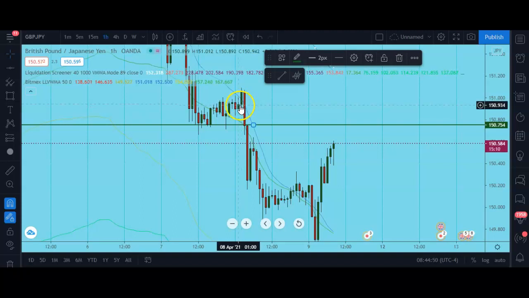This became support. This closed as resistance, this opened as support, and it maintained. So that's what I'm looking for when price is going down. Okay, and I'm not using indicators. This is strictly support and resistance that we're trading.